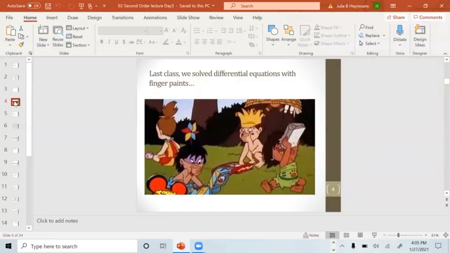Yes, last class we learned how to solve differential equations using finger paints. I have my stylus now. Hopefully it'll look a little bit better. Does anybody in here remember Recess? Oh yeah, I watched that when I was super little. This was a show that was on when my kids were young.